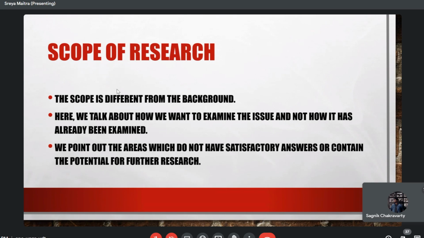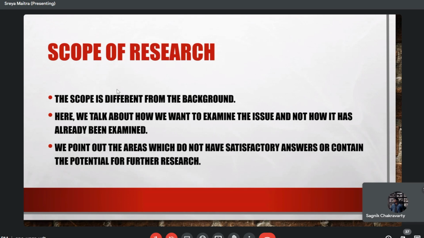So you're talking about IDPs in general, but in the scope you talk specifically about IDPs due to development induced displacement, development projects like, say, a project by Coal India, a project by POSCO like we saw in Orissa. And then you say that I am worried not about how they are displaced, I'm worried about how they don't get compensation after they are displaced, years after they are displaced.